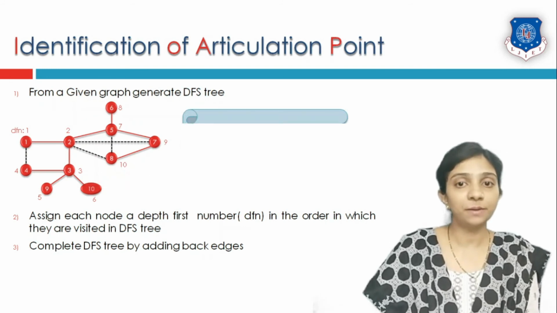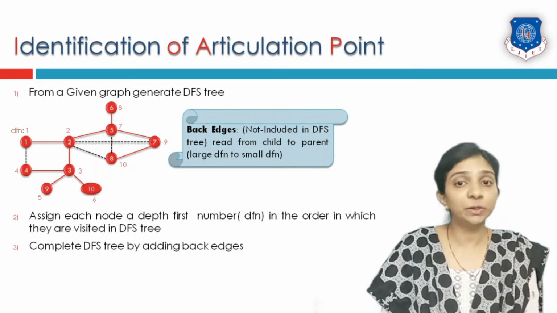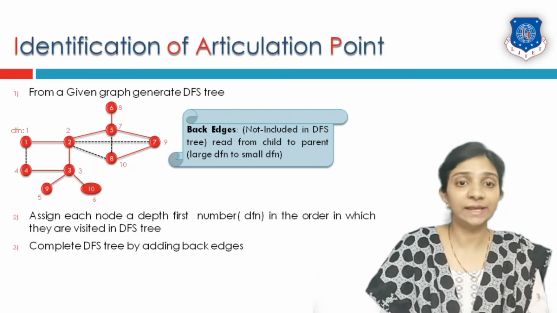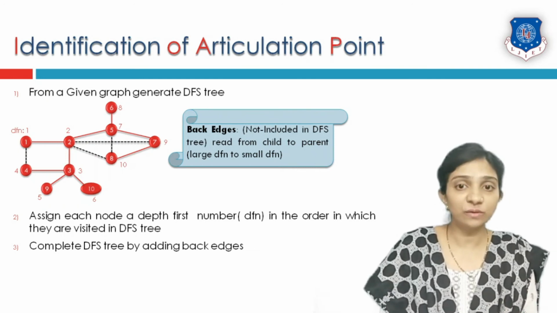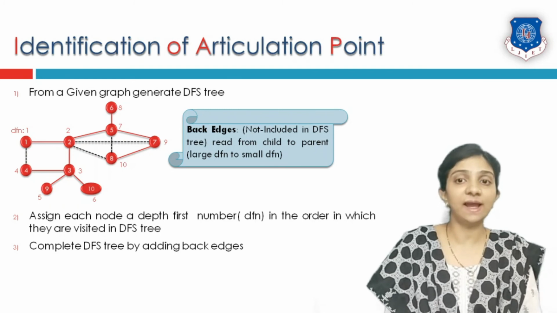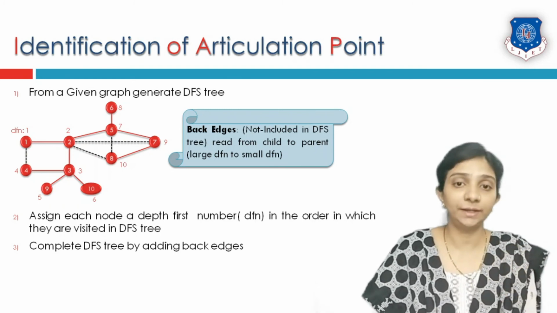Now what about back edges? Back edges are those edges which were originally present in the graph but not included in the DFS tree. So those are the edges which are denoted by dotted lines and they are read from child vertex to parent vertex.